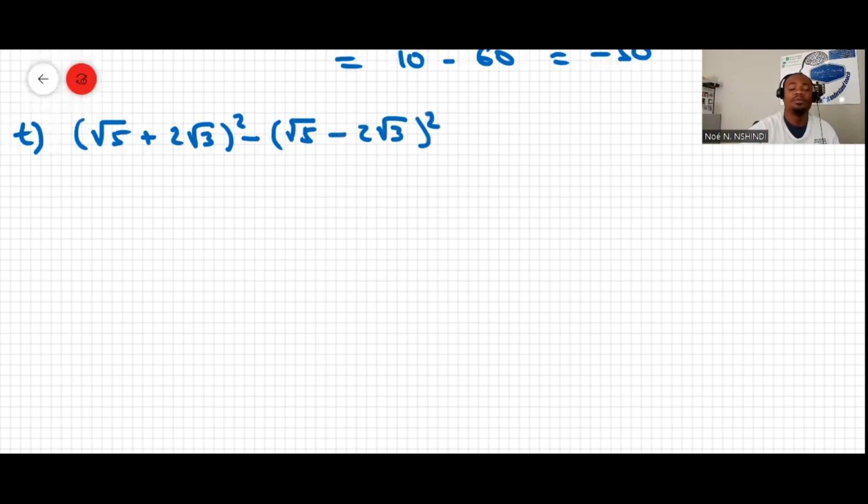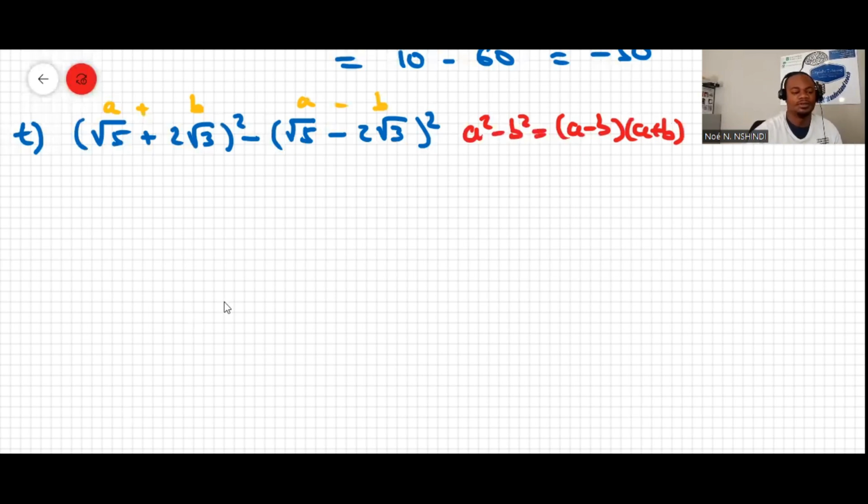Now, over here, we can apply the difference of 2 squares. We said that when you have A squared minus B squared, this is equal to A minus B times A plus B, okay?